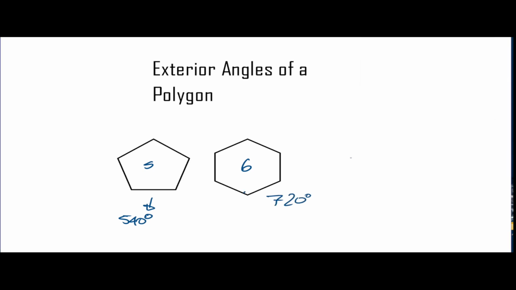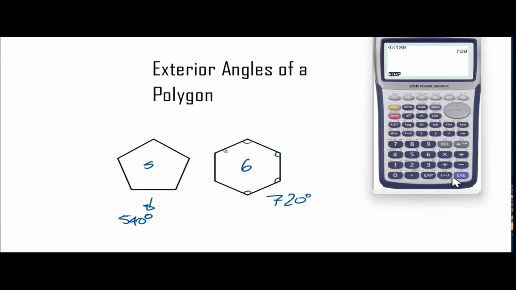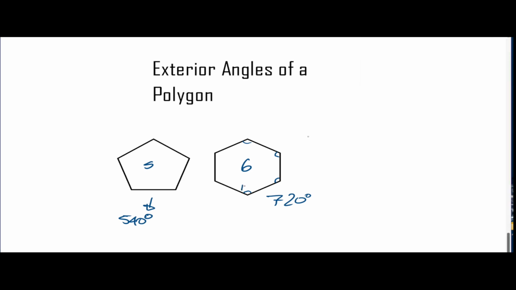So each of these angles, because they're the same, on the 6-sided polygon, if we divide 720 by 6, are going to be 120 degrees each. And in the 5-sided, it's going to be 540 divided by 5, so 108 degrees for each of these interior angles.